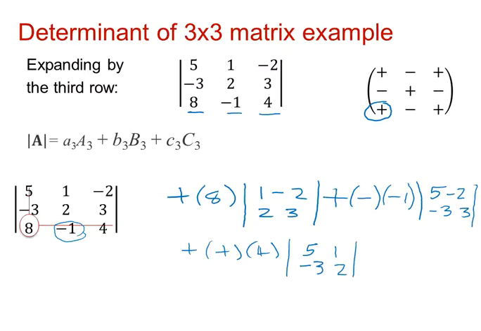When we work all that out carefully, taking note of the signs, we would find that we had 8 times 7 plus 9 plus 4 times 13, which would again total to 117. As expected, exactly the same value for the determinant of that matrix.